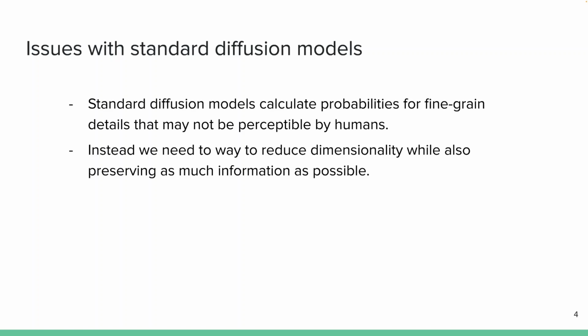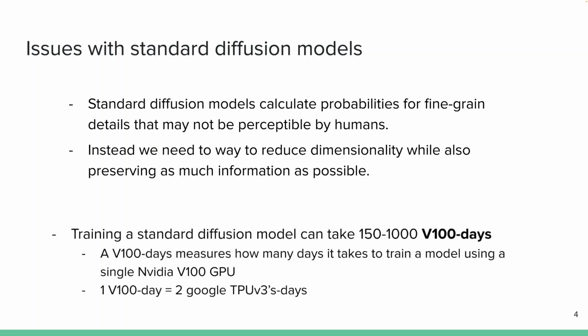As a real-world example, the paper says that a standard diffusion model can take 150 to 1,000 V100 days. In case you don't know, a V100 day is a day a model trains using an NVIDIA Tesla V100 GPU. So if you had one V100 GPU, it would take approximately, in the least complex case, 150 days to train.